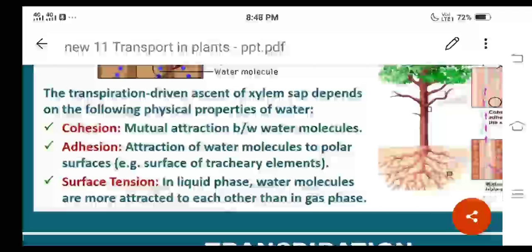One more property is adhesion. Adhesion means attraction of water molecules to polar surfaces. It means, for example, the surface of tracheary elements, inside the tracheary element. Tracheary elements means both the tracheae or vessels as well as the tracheids.